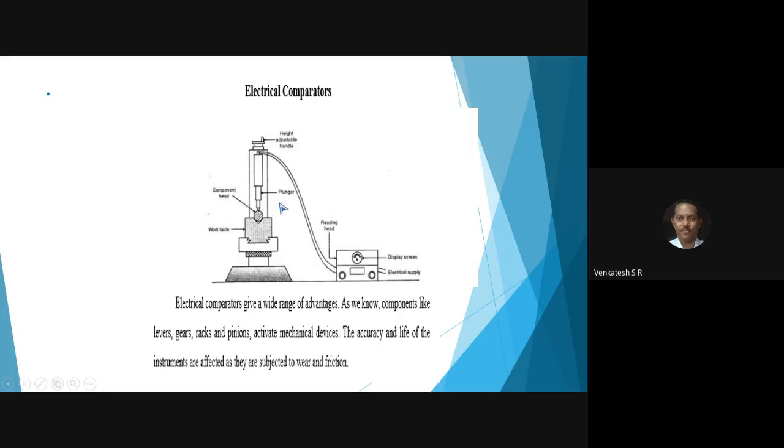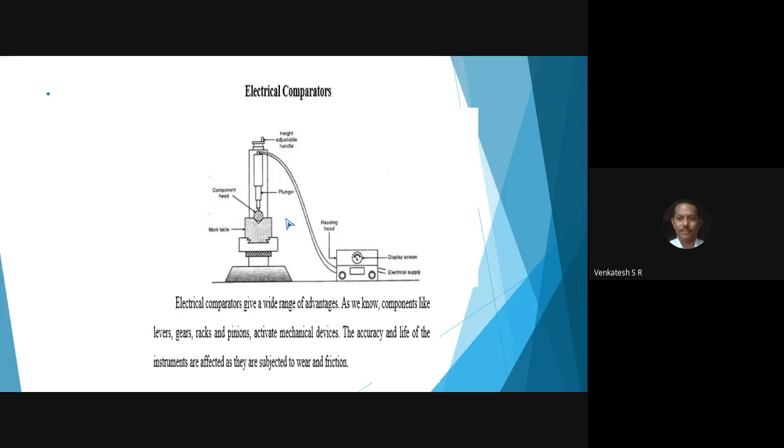For example, you have set the diameter 30.05 and 29.95, plus or minus 0.05 limit. All of you observe here, the component head. If the shaft is produced on the lathe with the dimension 29.95 or 30.05, then accept the component.